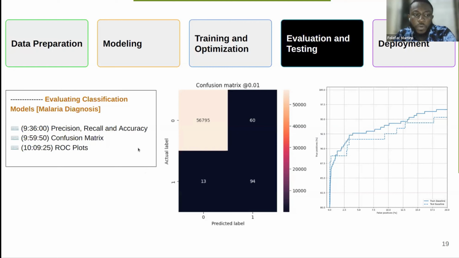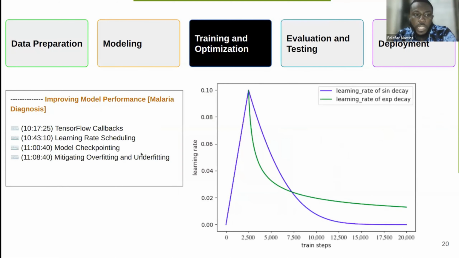Like, for example, you wouldn't get with a one-liner the ROC plot or a confusion matrix. So you would need to go and write out some code to be able to come up with these kinds of plots. So with these more advanced metrics, we're going to dive into this section. We're going to see how to evaluate our models with these advanced metrics. So that's it.